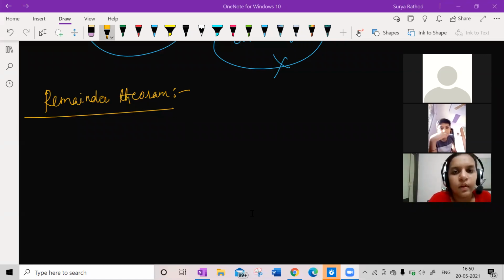How many of you have learned polynomials properly? I mean, the remainder theorem properly. How many of you learned that? Those of you attending this session, can anyone please explain what exactly the remainder theorem says to us?